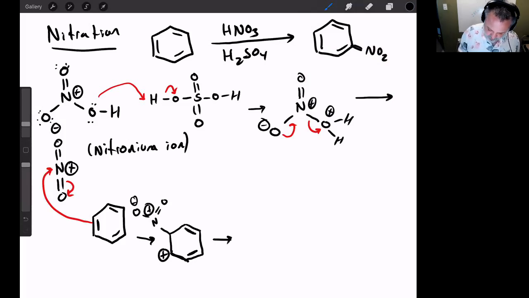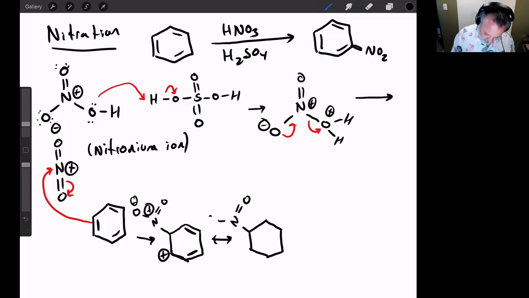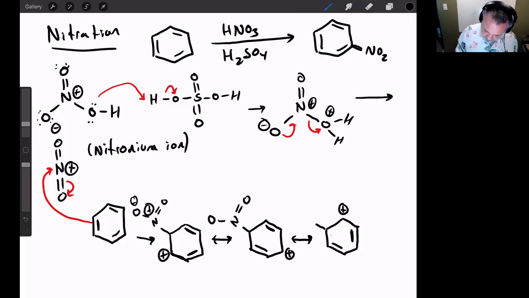Now that's my sigma complex. What I'm hoping is that at this point, the mechanism itself is fairly straightforward, that especially once we get to the sigma complex, you should be able to draw out all of the different versions of the sigma complex as we go.